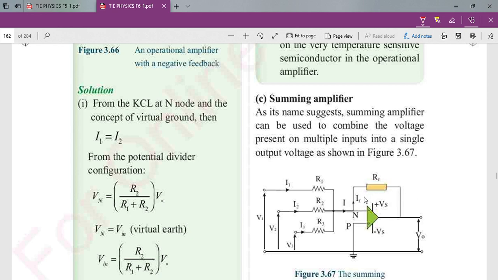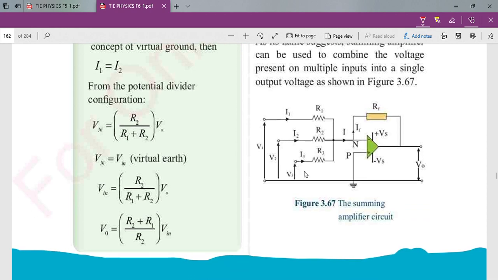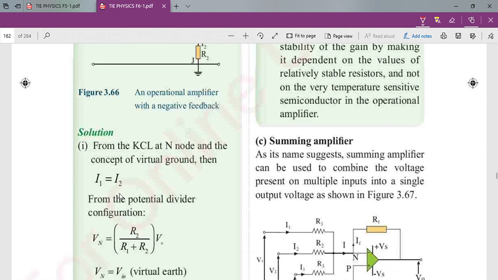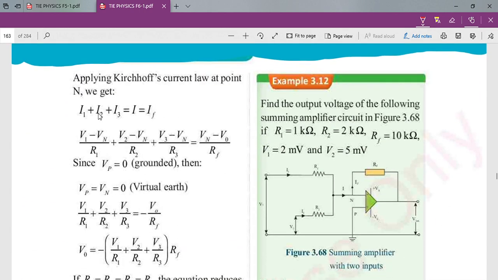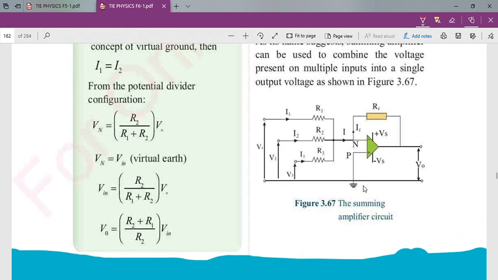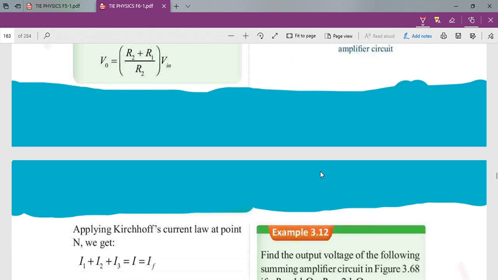Let's start: I1 plus I2 plus I3 is equal to I, which is equal to IF. If you sum all these currents, it is equal to I, which is equal to IF.